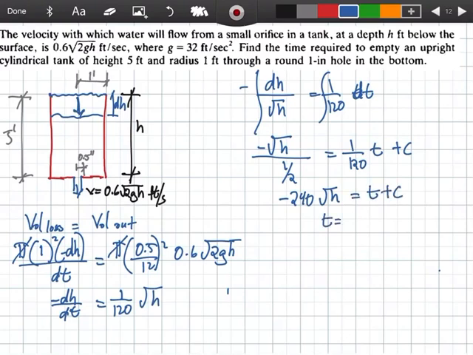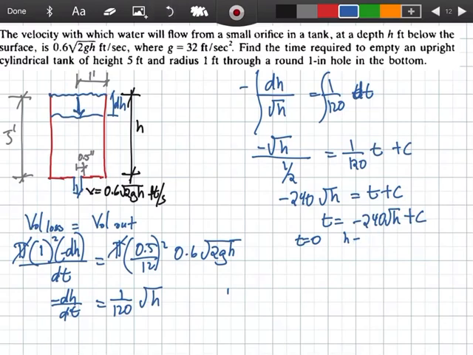So, t is equal to negative 240 square root of h plus c. Ngayon, kunin natin yung ating c. When t is equal to 0, ano yung height ng ating tank nung wala pang nababawas sa ating orifice?